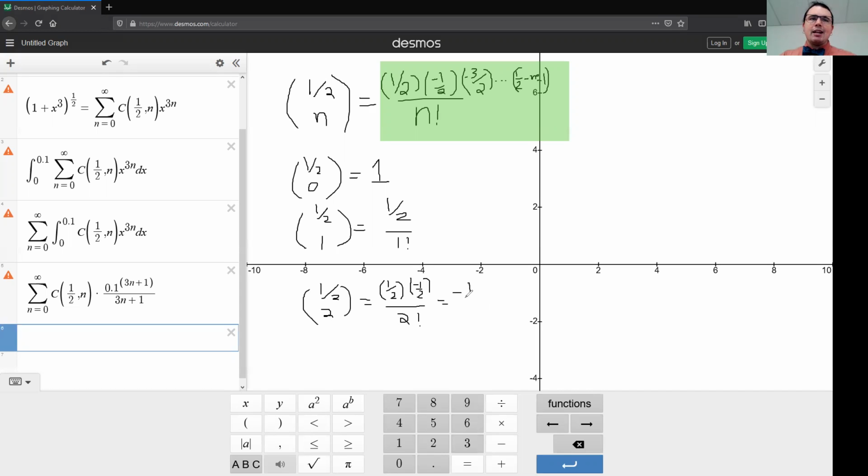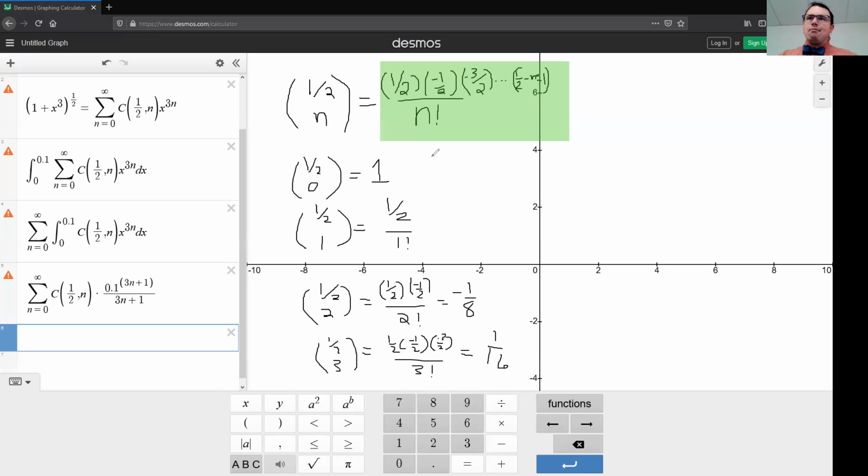This is the number negative 1/8. Then my number 3 binomial coefficient is going to be positive. My numerator is 1/2 times minus 1/2 times minus 3/2, all divided by 3 factorial. So this is going to be a positive number. And after you work out the cancellation, this is positive 1/16.